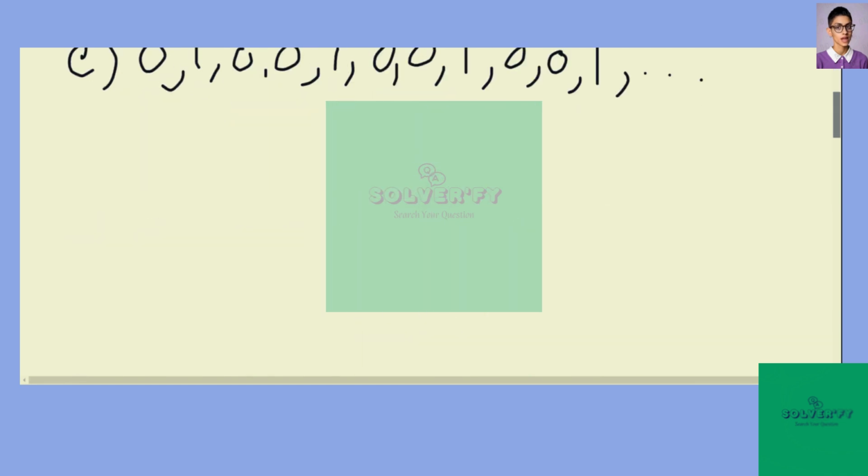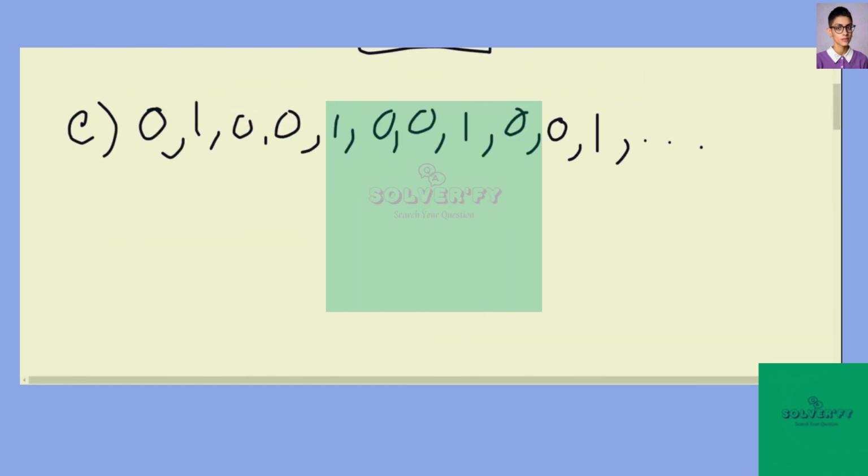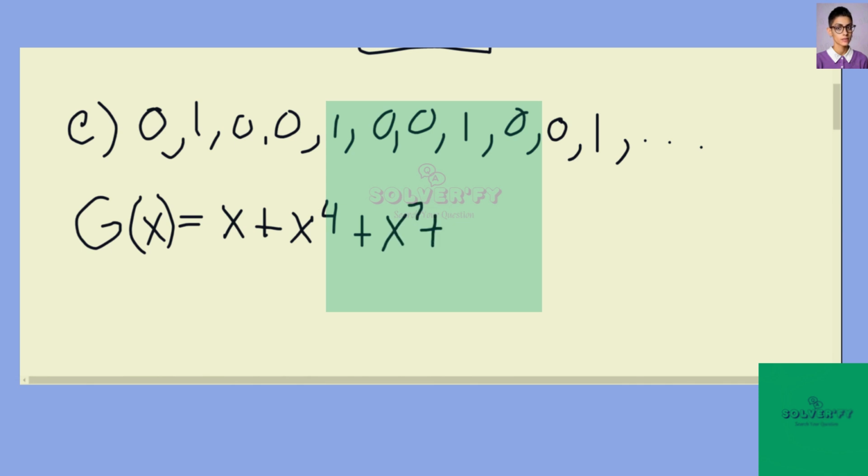And we have the generating series for this sequence is g of x, which is x plus x to the fourth plus x to the seventh plus x to the 10th, and so on.